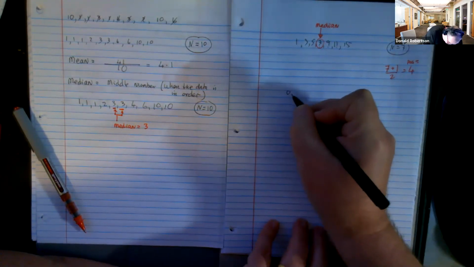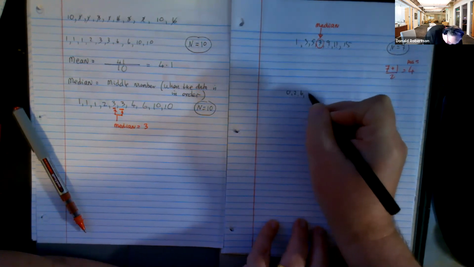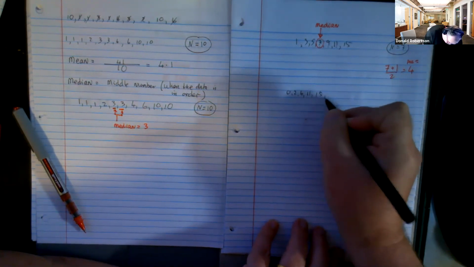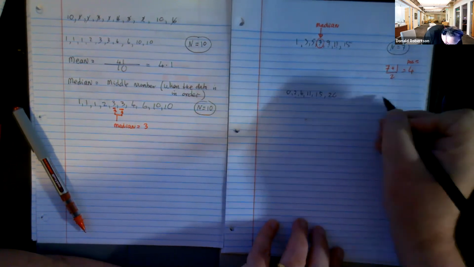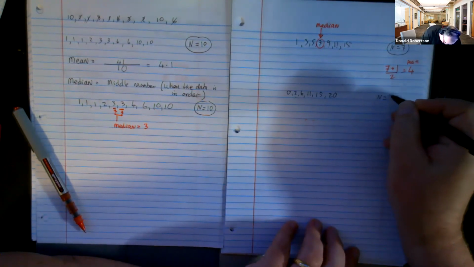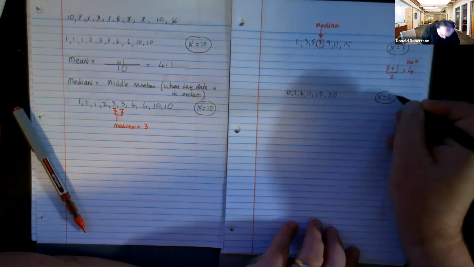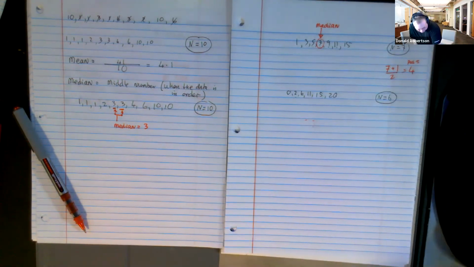And the other situation will look something like this. And it kind of happened here. So how do you get the median when there's an even amount of data, right? There's 6 numbers or 22 numbers or 100 numbers.